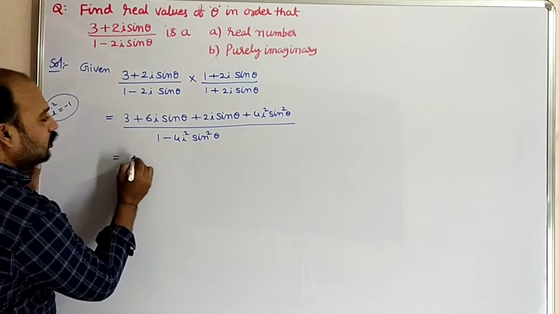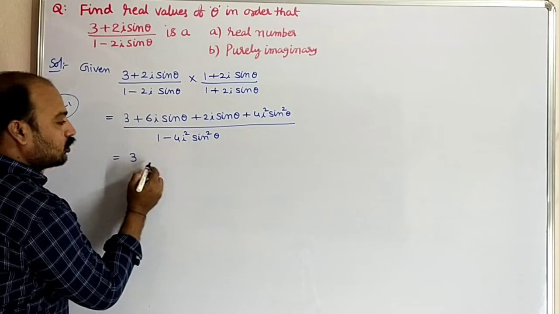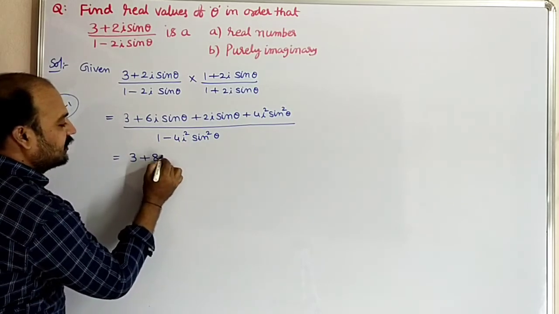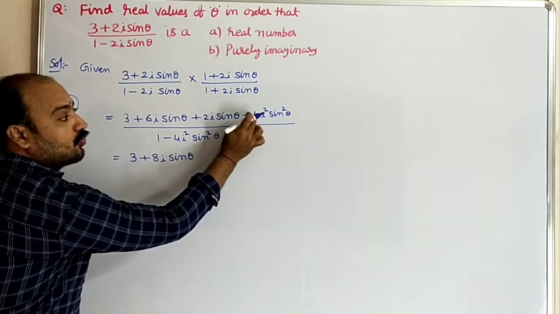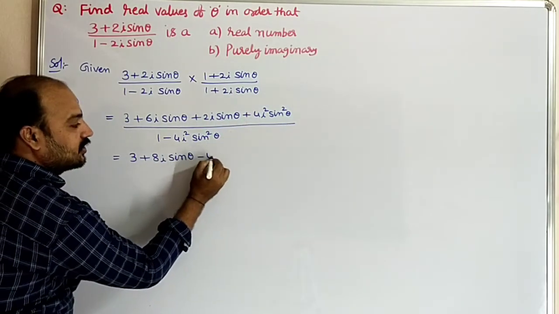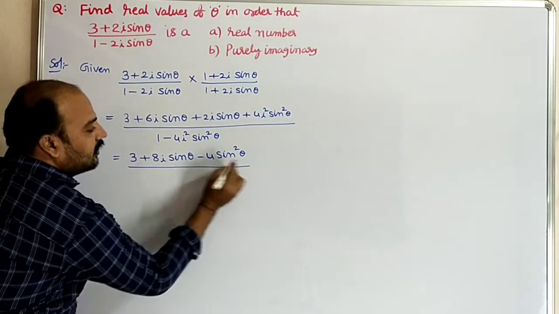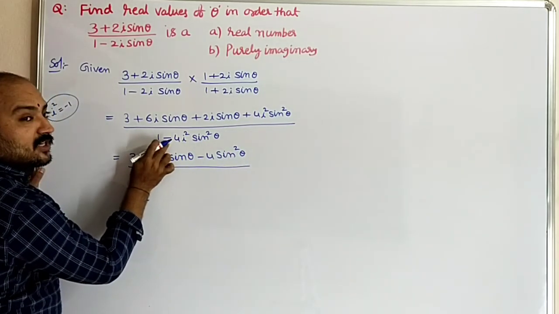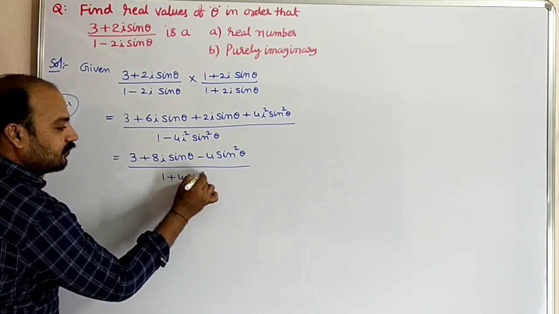So the numerator is 3 + 6i sin theta + 2i sin theta + 8i sin theta, with i square value minus 1, so 4 minus 4 sin square theta, divided by, with i square value minus 1, minus into minus plus, 1 + 4 sin square theta.